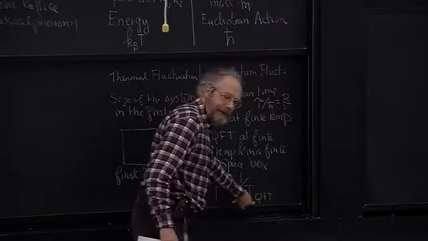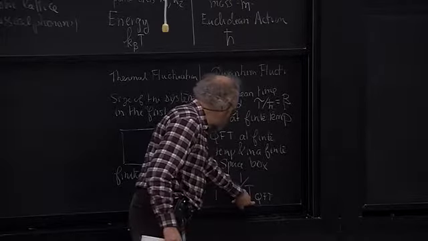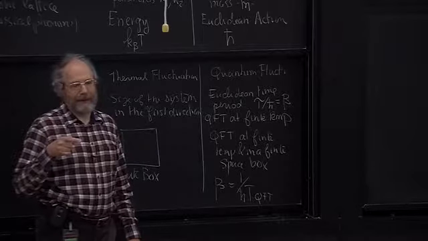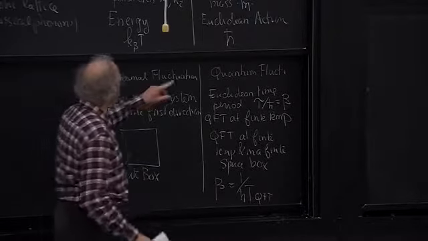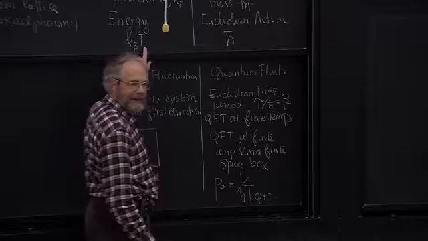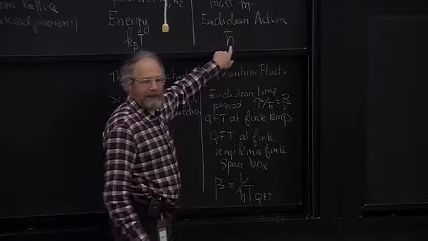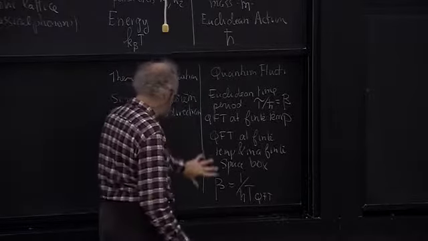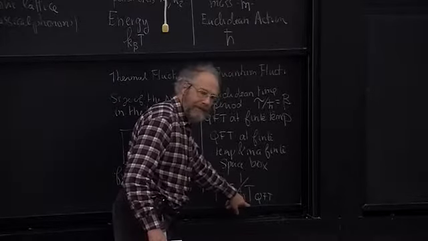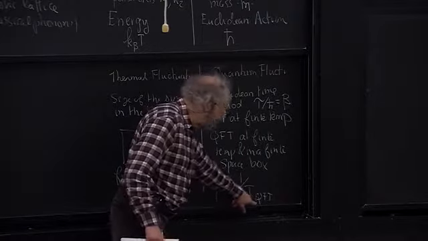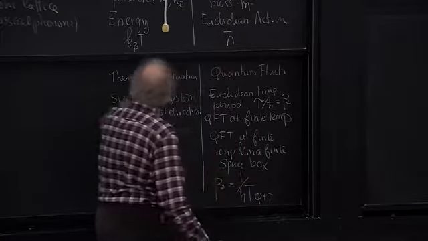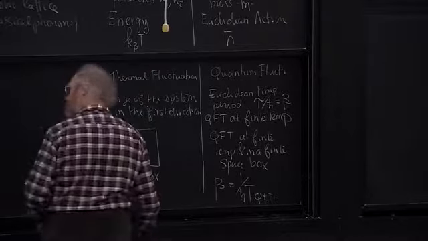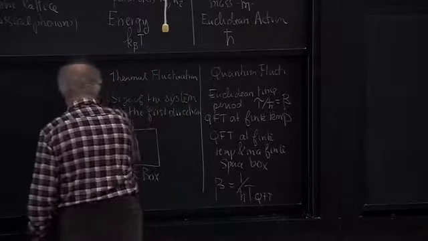The temperature of the quantum field is related to the size in the periodic time direction, while the temperature of the statistical system is in correspondence with h bar. So you should not confuse the temperature of the quantum system and the temperature of the statistical system. So that's the end of the dictionary.